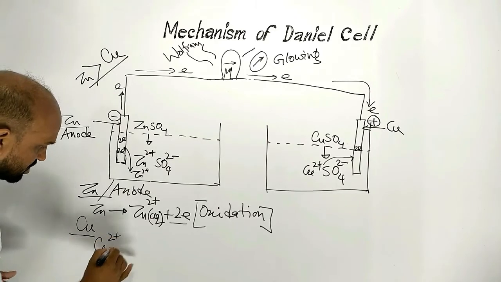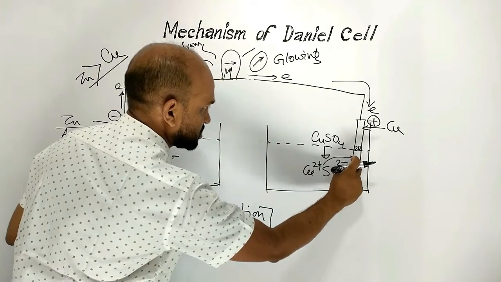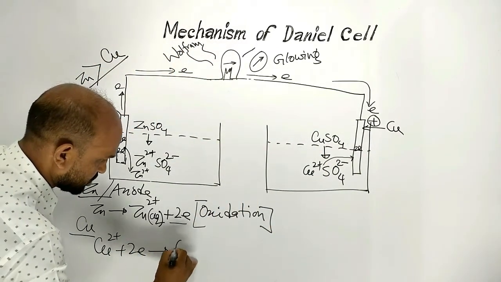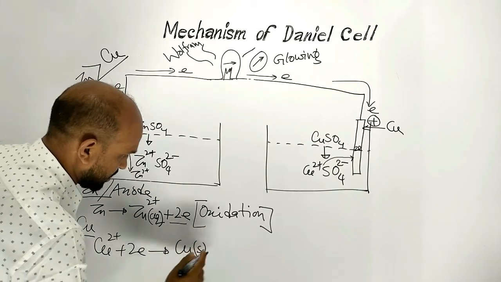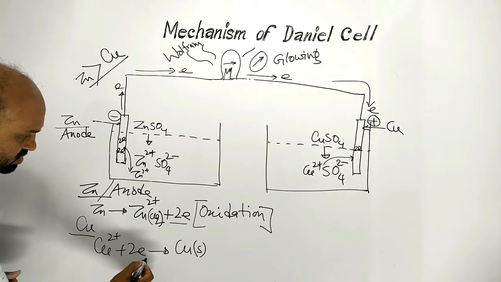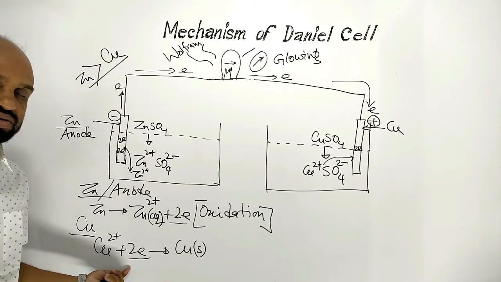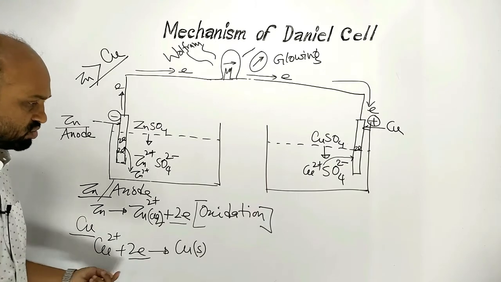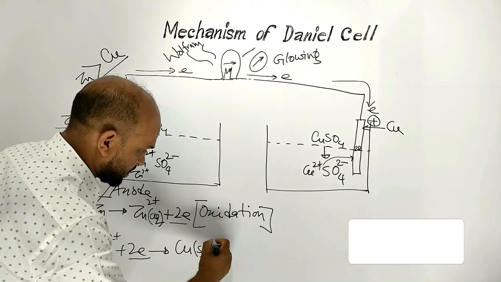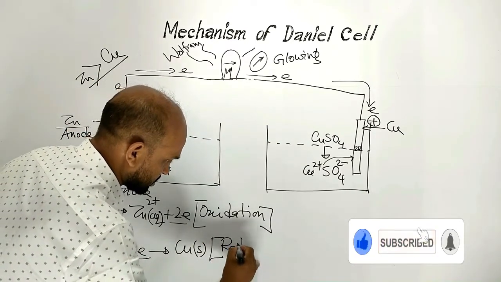Copper 2 plus ion will receive electrons from this copper bar and convert to metallic copper. This reaction is a kind of reaction where acceptance of electrons occurs. And we know the reaction where acceptance of electrons occurs is called reduction reaction.